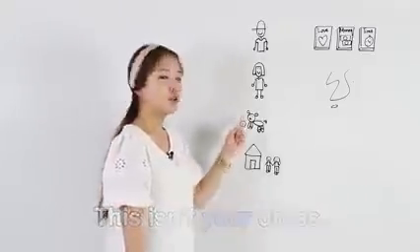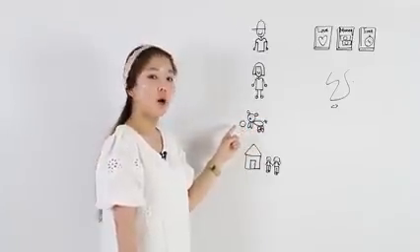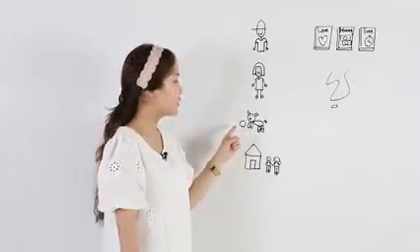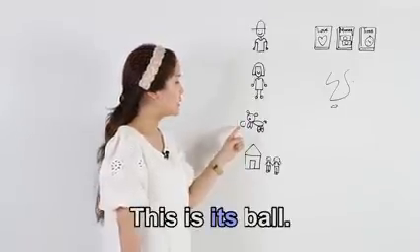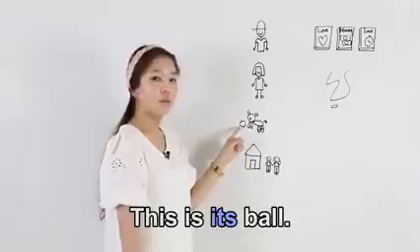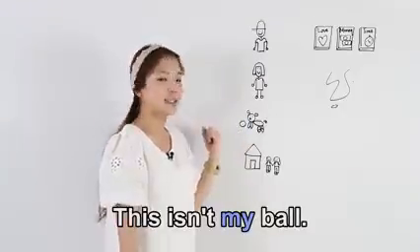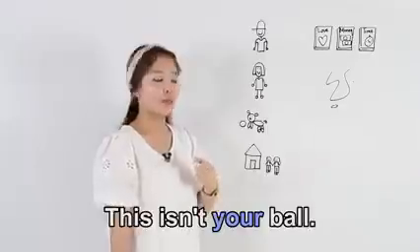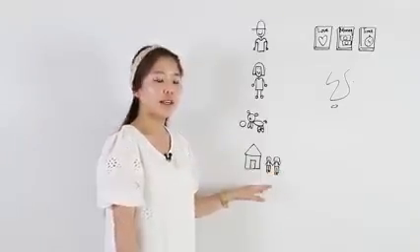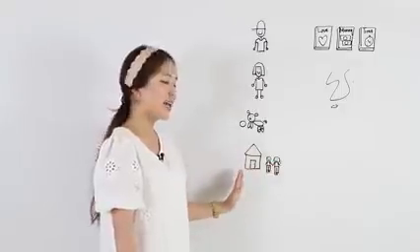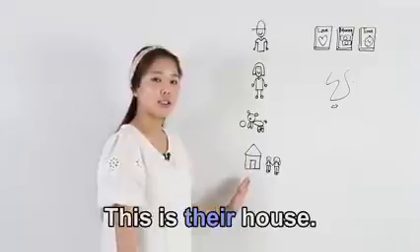In this picture, there's an animal, a dog, and it has a ball. I have to say, this is its ball. This isn't my ball, and this isn't your ball. Now, in this picture, we have two people, and they both own this house. So, this is their house.